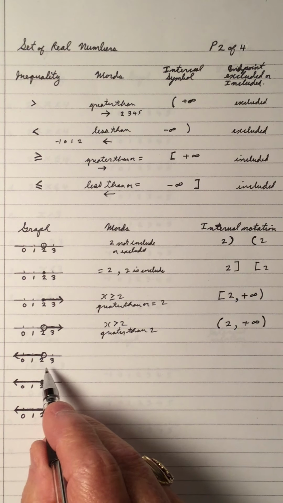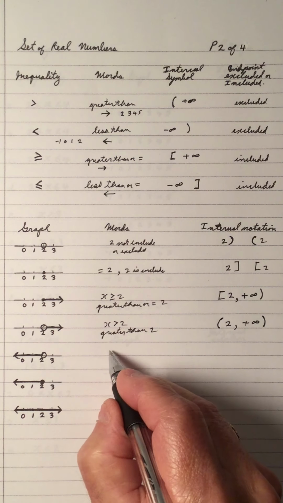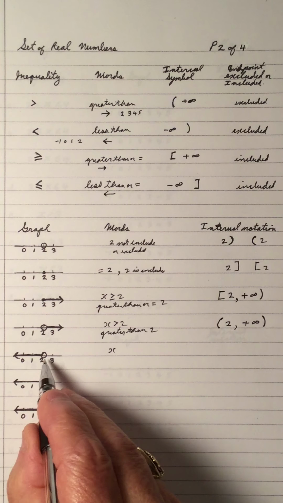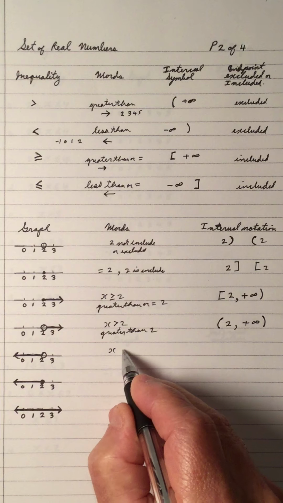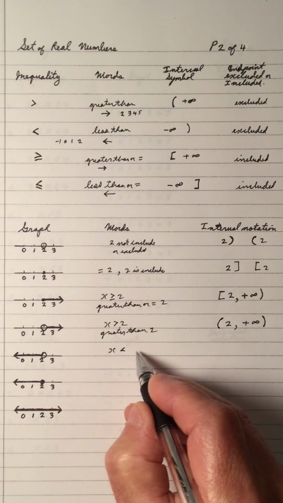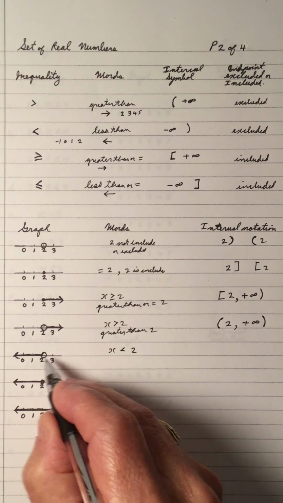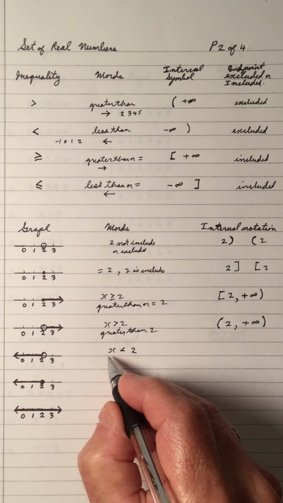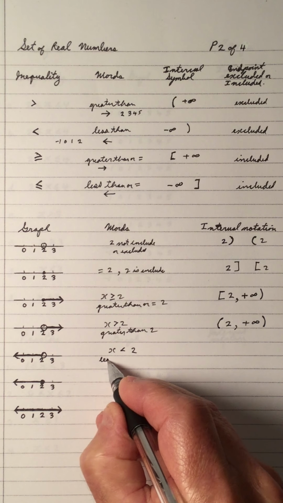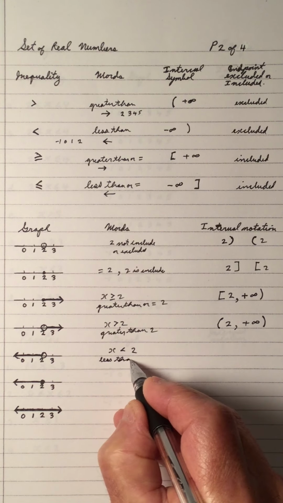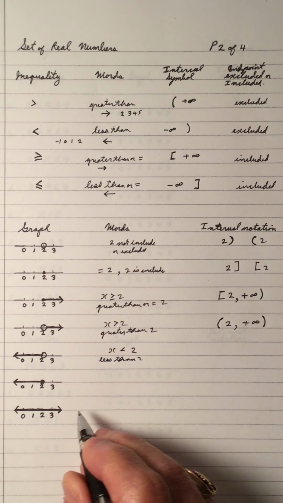Next one, we have x, and notice again this is going to the left, so it's less than. It's starting at 2. It's a hollow dot, so there's no equal sign. So this is x less than 2.